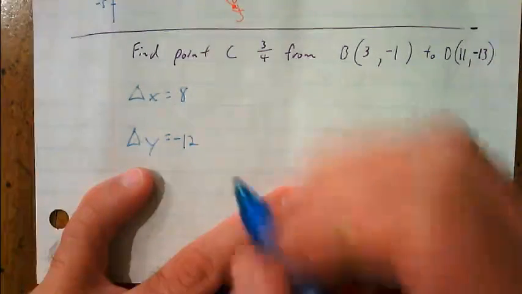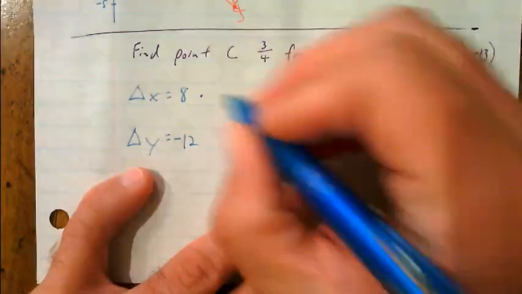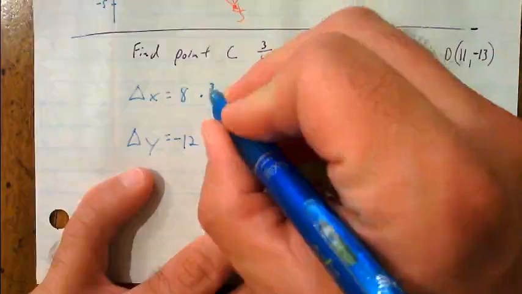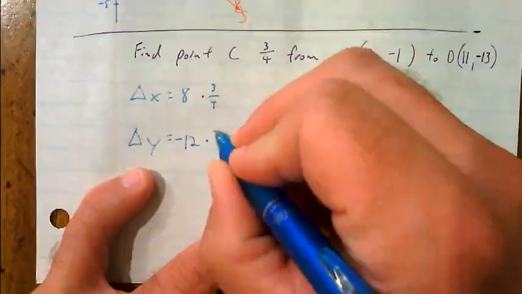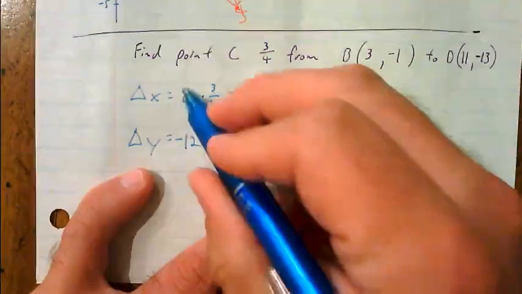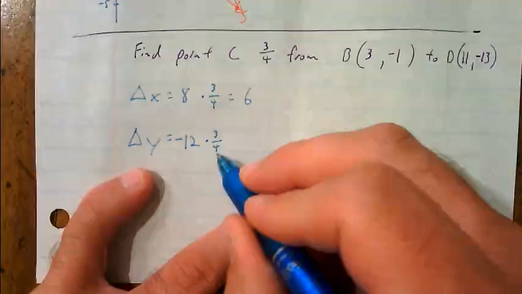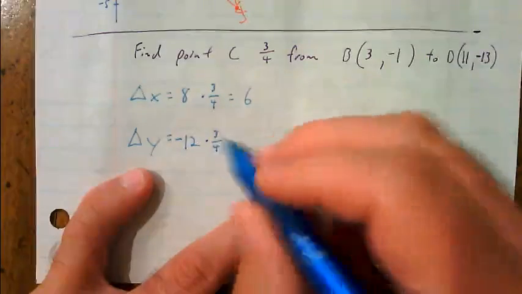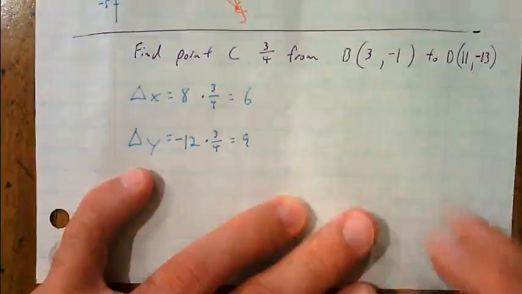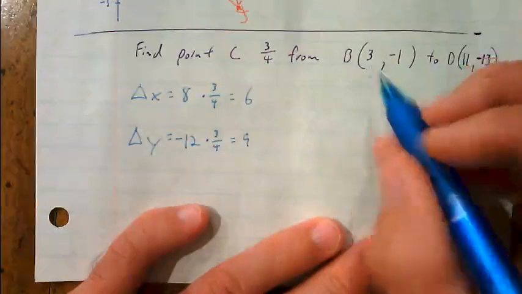So then what do I do with those values? I multiply them by the 3/4, which gives me, 8 divided by 4 is 2, times 3 is 6, 12 divided by 4 is 3, times 3 is 9. These are the values I'm adding back to my original point.